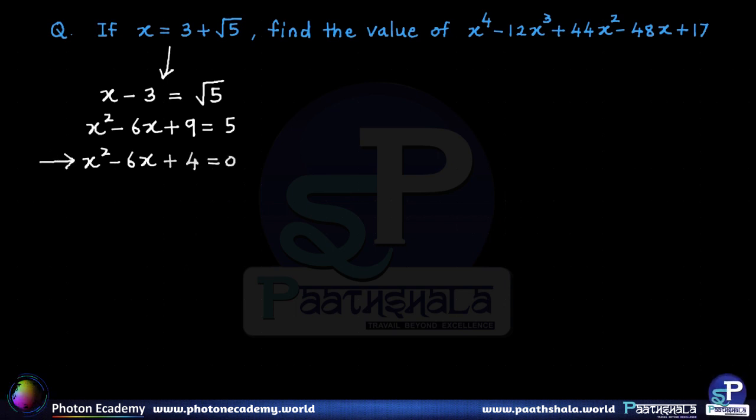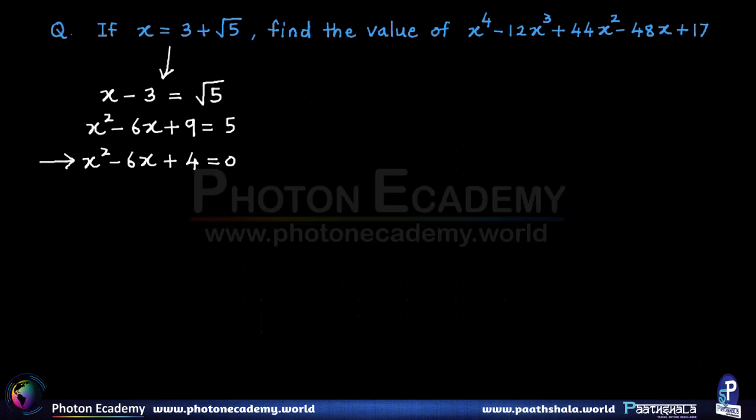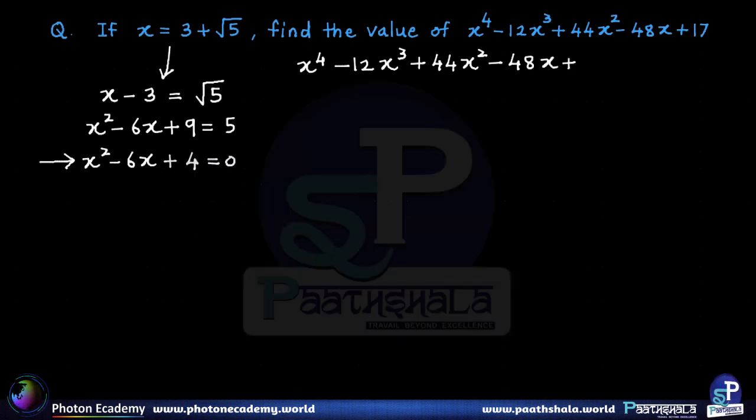Now this is another useful equation as in the previous sum, that is, we will now use this to replace in the bigger expression given to us. So suppose we start off with x raised to 4 minus 12x cubed plus 44x square minus 48x plus 70, which is what we have to evaluate.